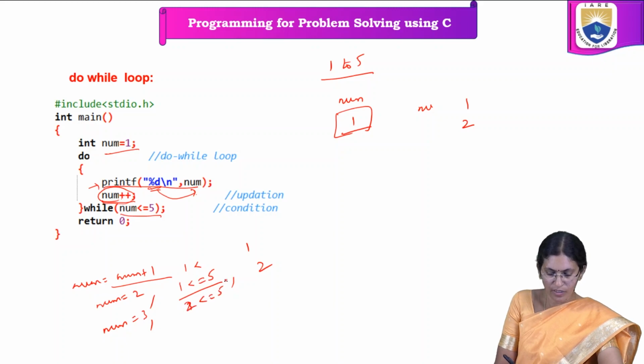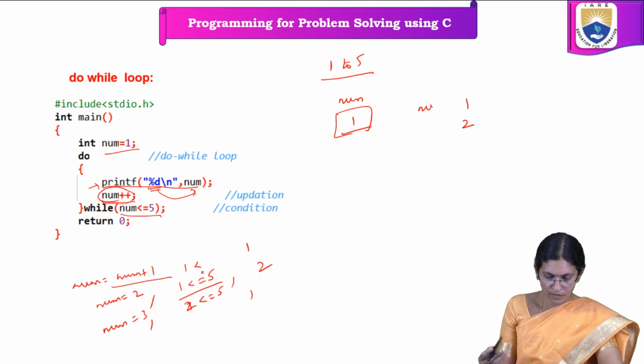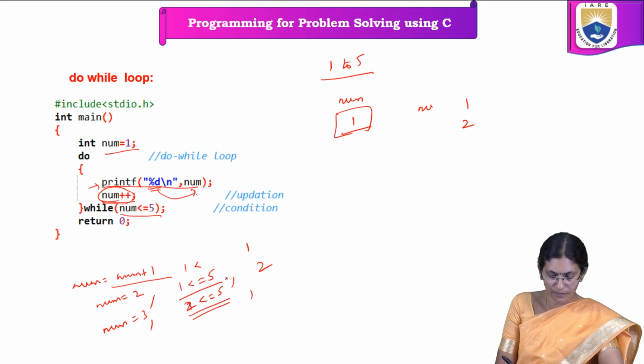So 3 is less than or equal to 5. It is true. So therefore it will go to the statement, and then 3 will be printed here.